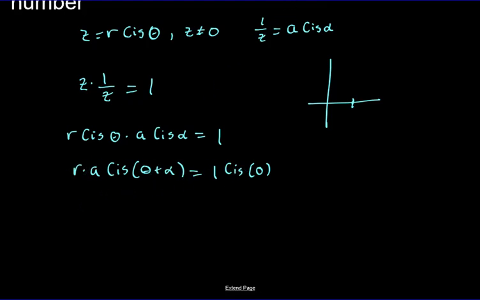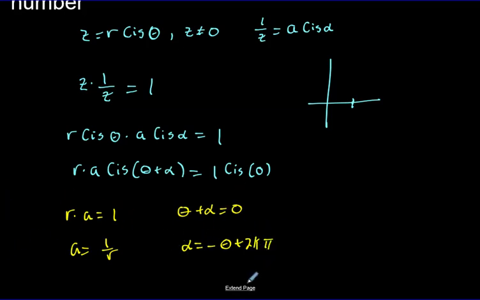First, r times a is equal to 1, so the modulus a of my reciprocal is 1 over r. But also the angles theta plus alpha have to equal 0, or better yet, alpha is equal to negative theta plus 2k pi as it gets wrapped around. So those are my two identities right there.